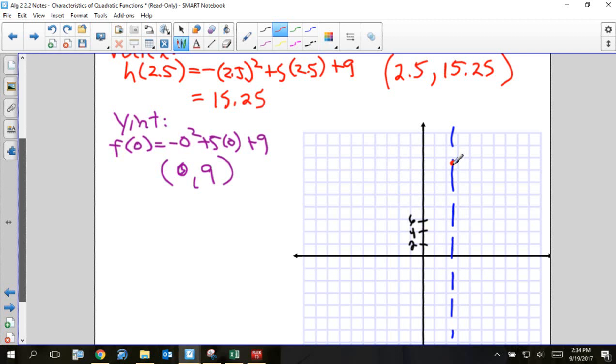Y-intercept at 0, 9. And there is a mirror point to that y-intercept. That is 2.5 the other direction. What ordered pair should we, what x should we plug in to find one more point? What do you think?